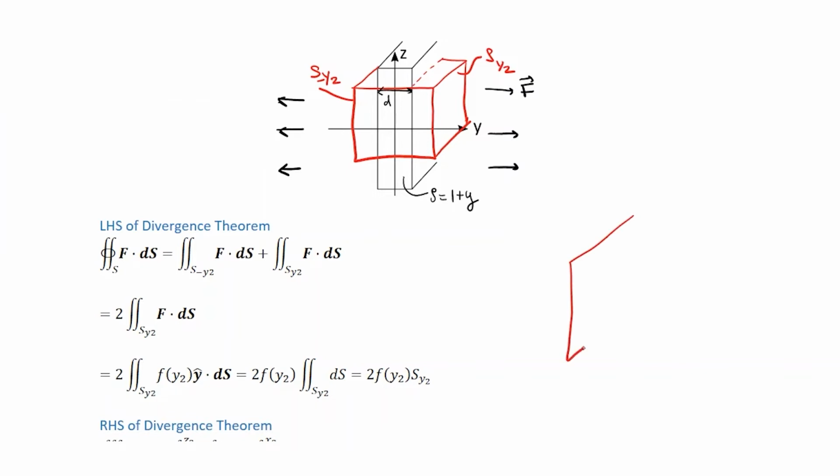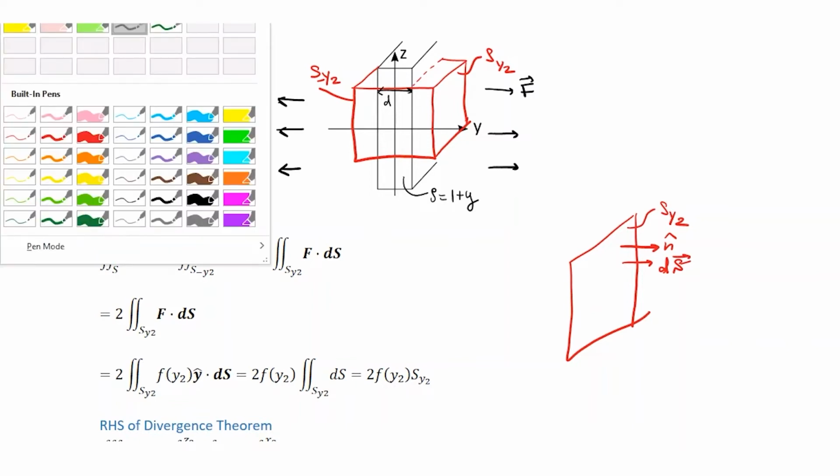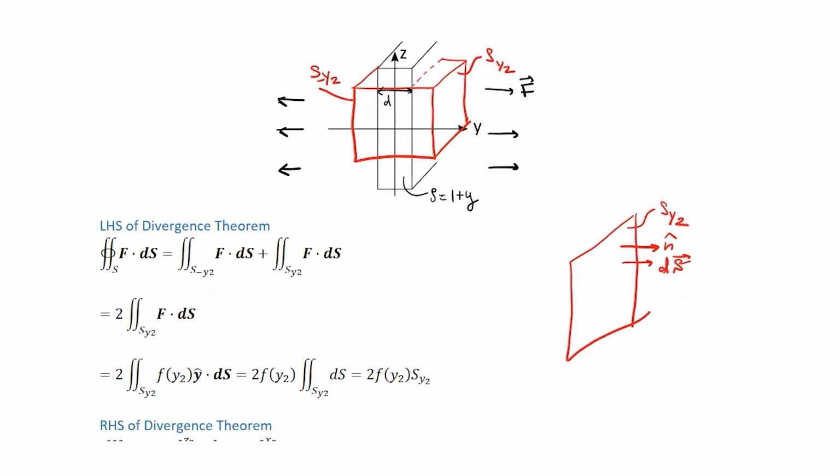On S y2, we have the normal vector that is pointing in this direction. So we could think n hat is this way. We could also think dS, which is a vector, is this way. And the field is, well, let's assume it's to the right. We actually know it's to the right because this is overall positive. But we don't have to assume it's to the right. But let's say it's something like this.